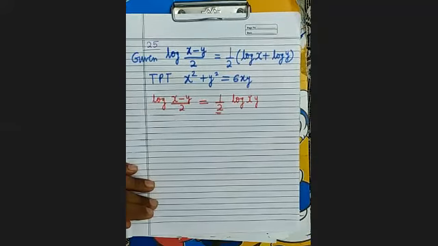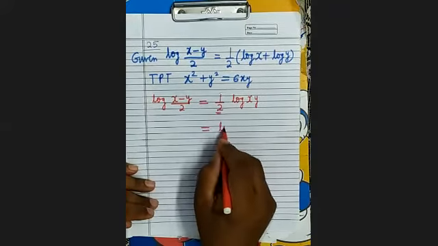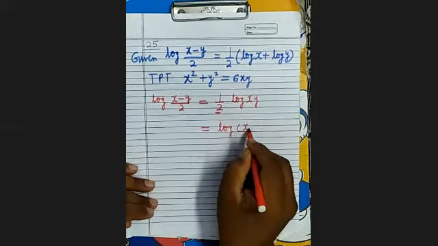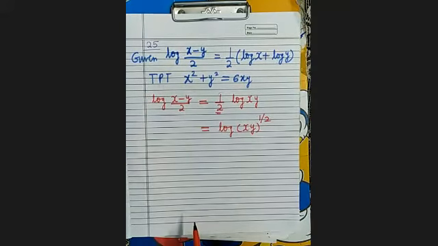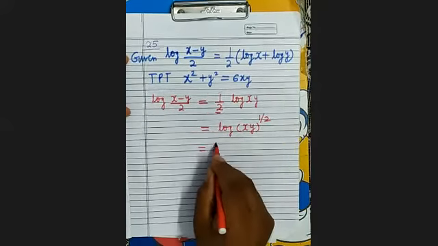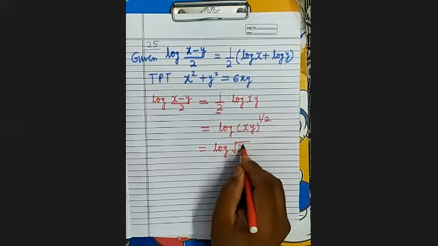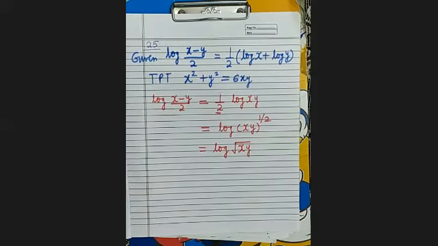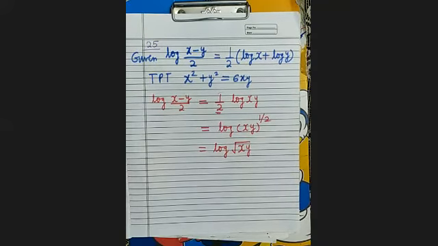What will you do? We will write log xy to the power 1 by 2. And when the power is 1 by 2, then there will be a square root or cube root? The square root. It is clear? So you can see here log of (x minus y) upon 2 equals log square root xy.